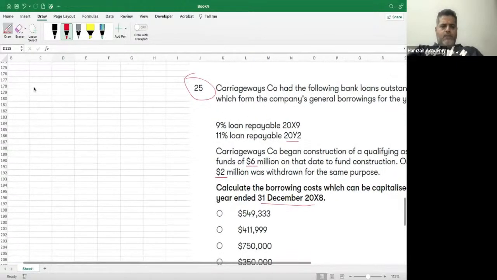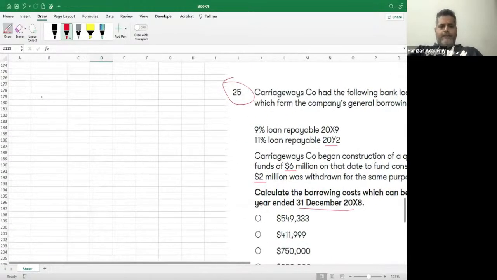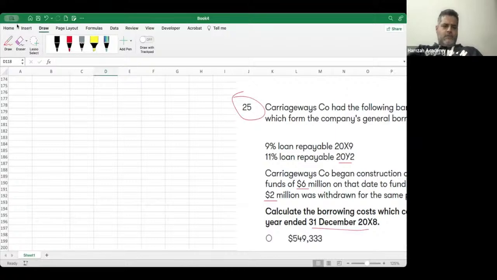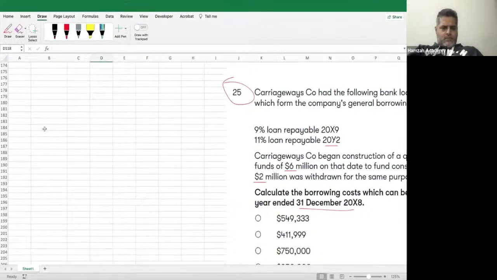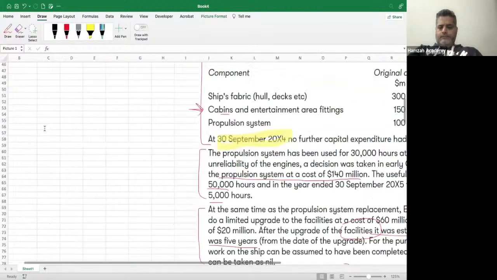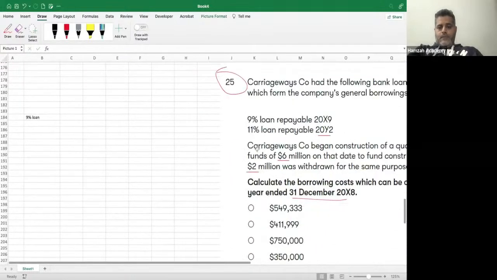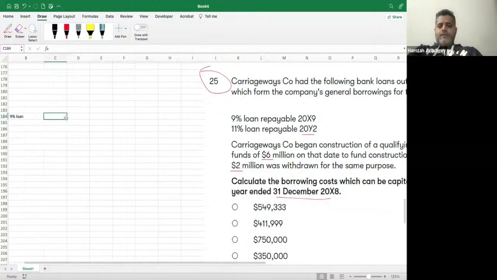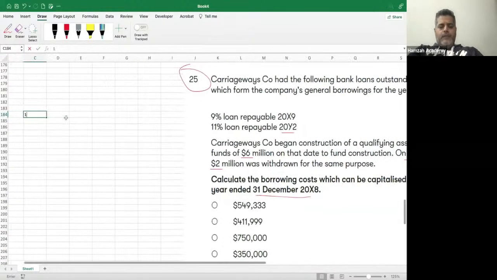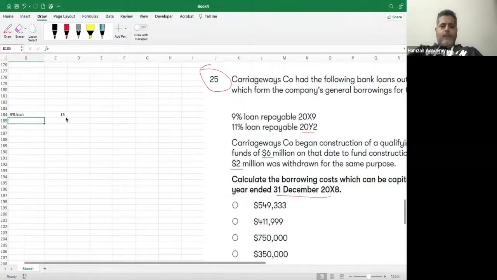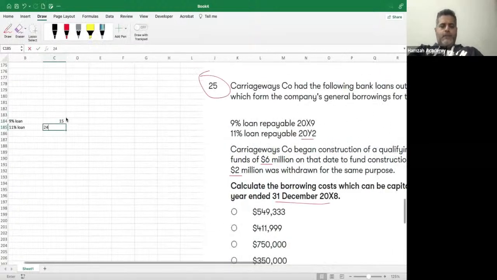Now we have this 9% loan, and that is for 15 million. And then we have the 11% loan, which is for 24 million.